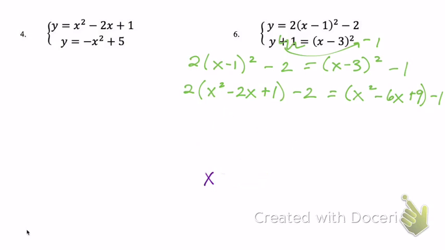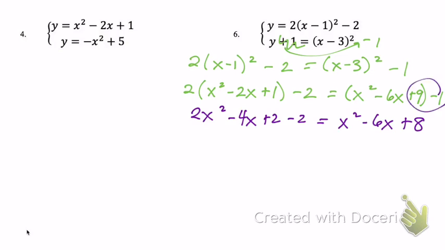Then I'm going to distribute, so 2x squared minus 4x plus 2 minus 2, then x squared minus 6x plus 8, because I'm combining these. These cancel. 2x squared minus 4x equals x squared minus 6x plus 8.